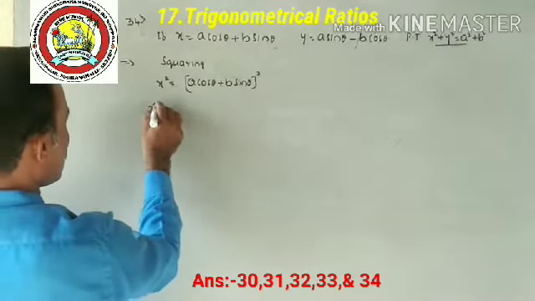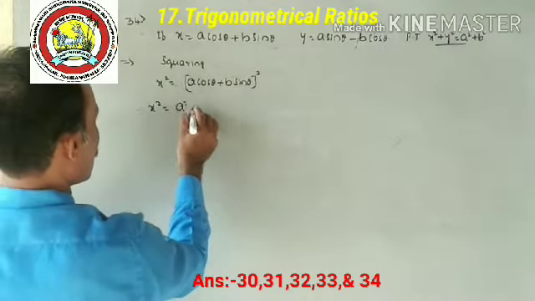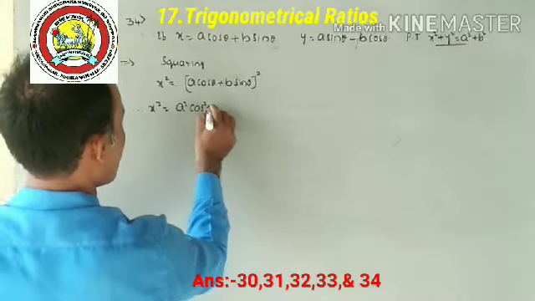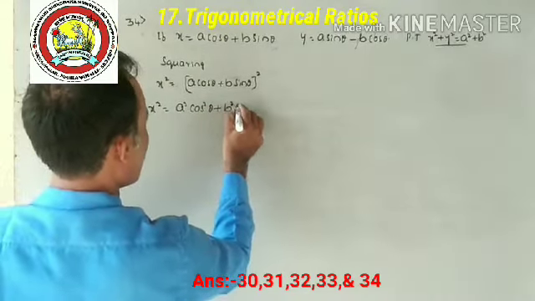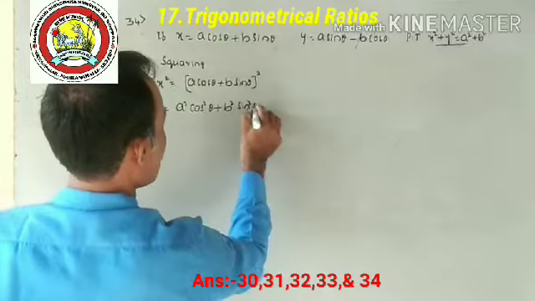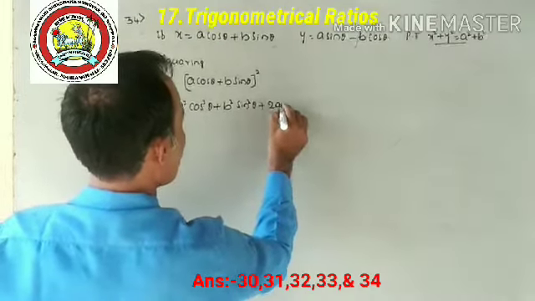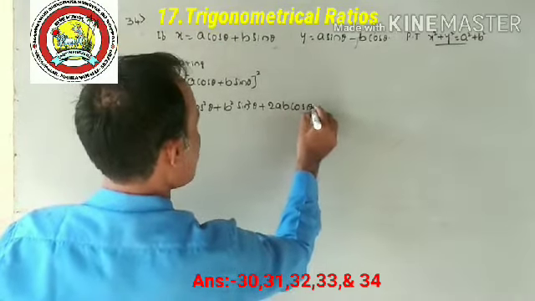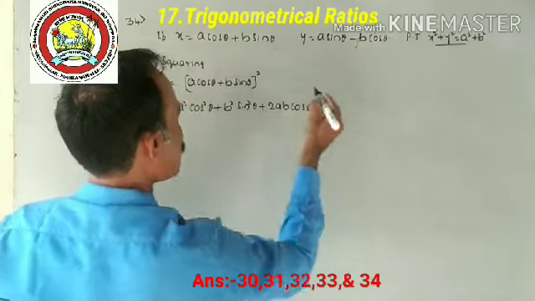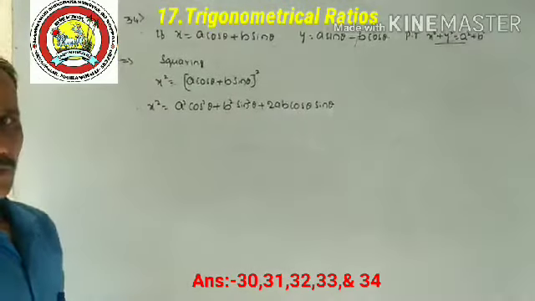Therefore, x square is equal to a square cos square theta plus b square sin square theta plus 2ab cos theta into sin theta. Okay?